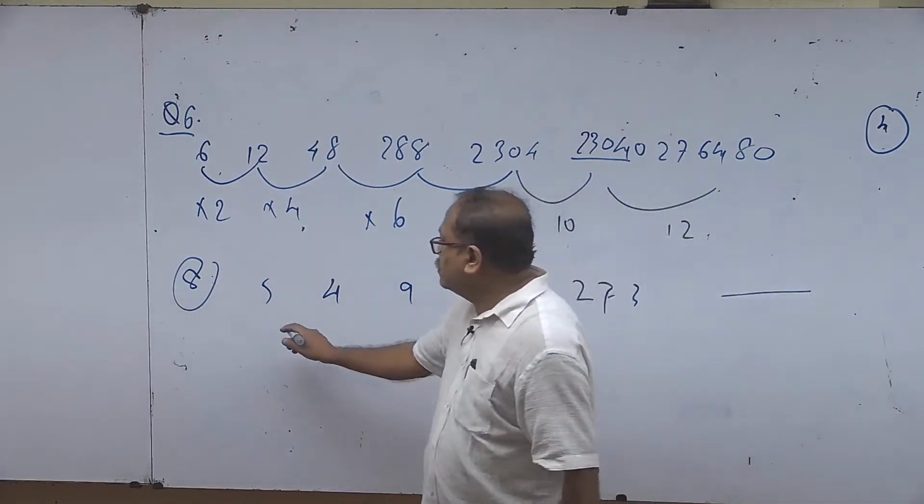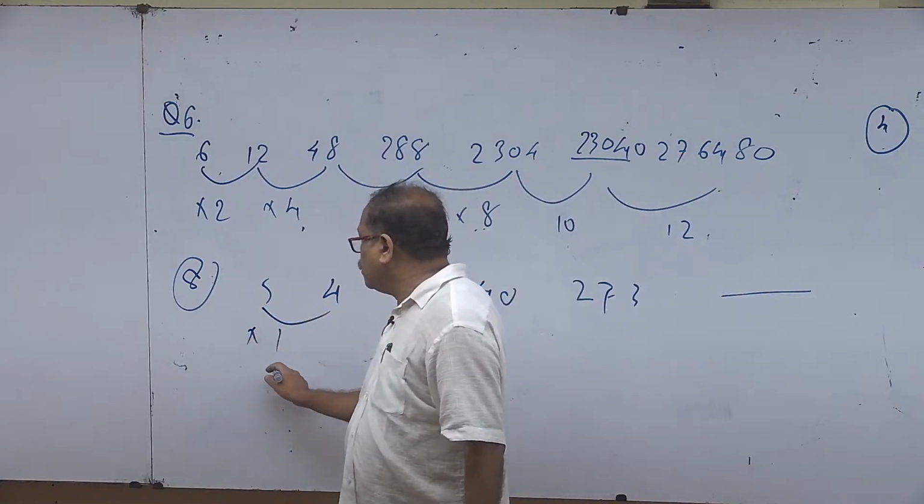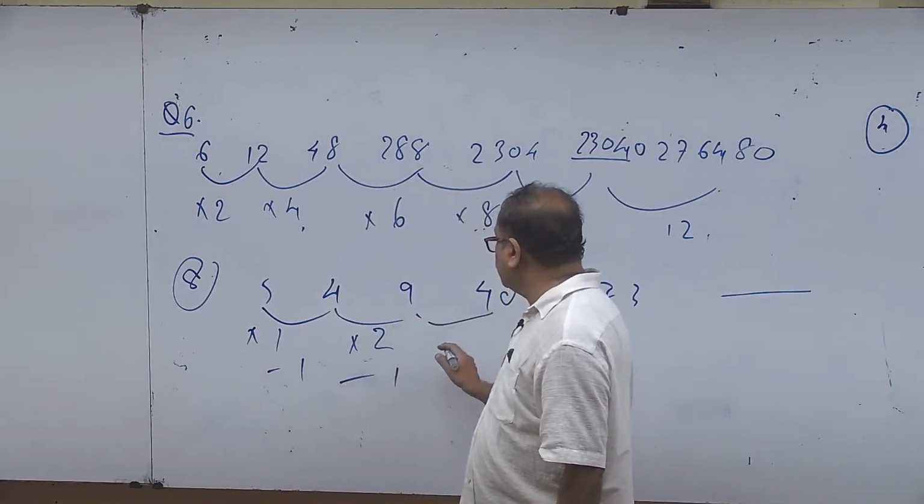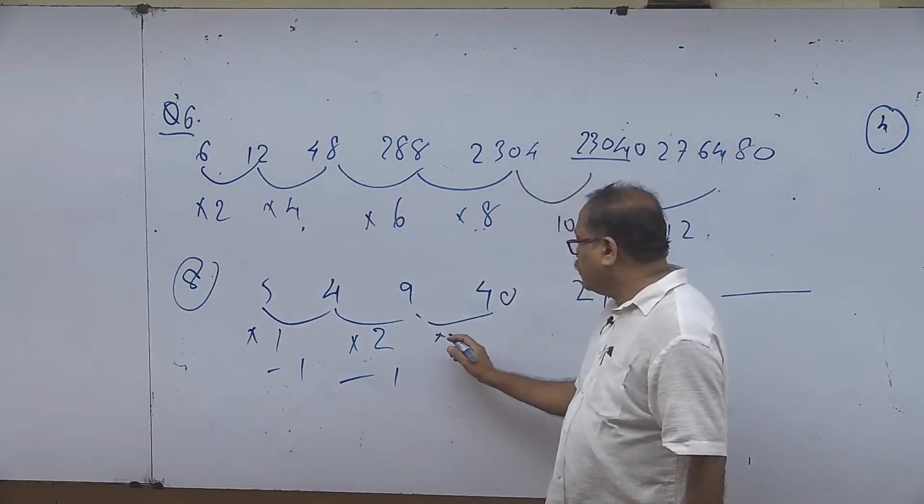So here it's into 1 minus 1, into 2 minus 1, into 3, into 4.